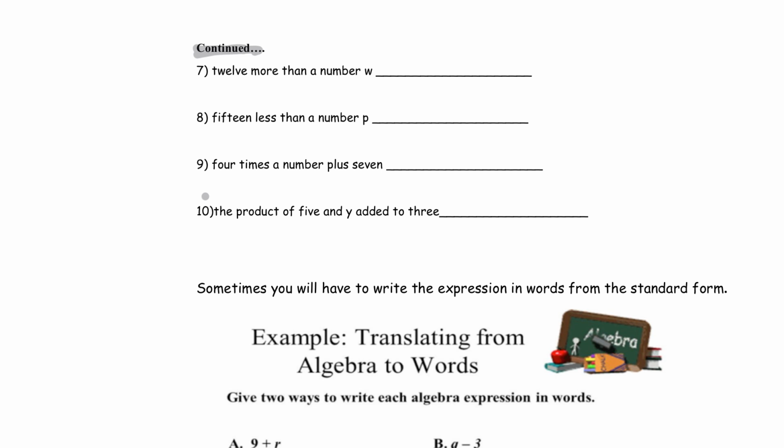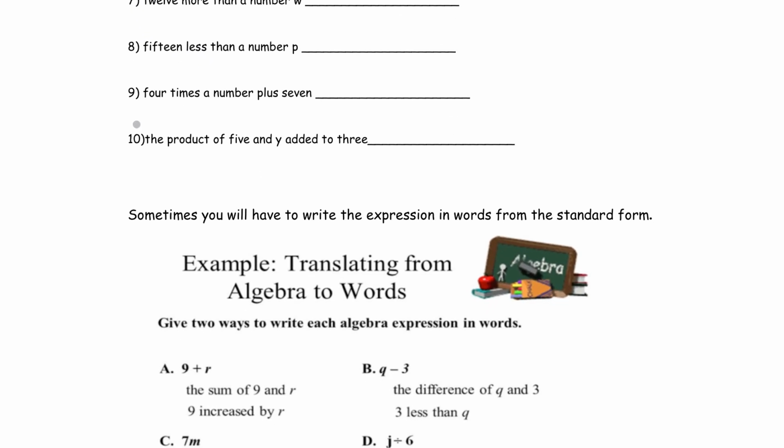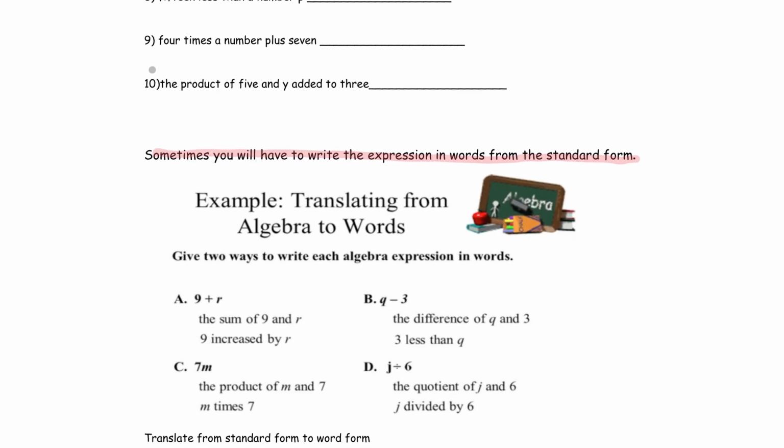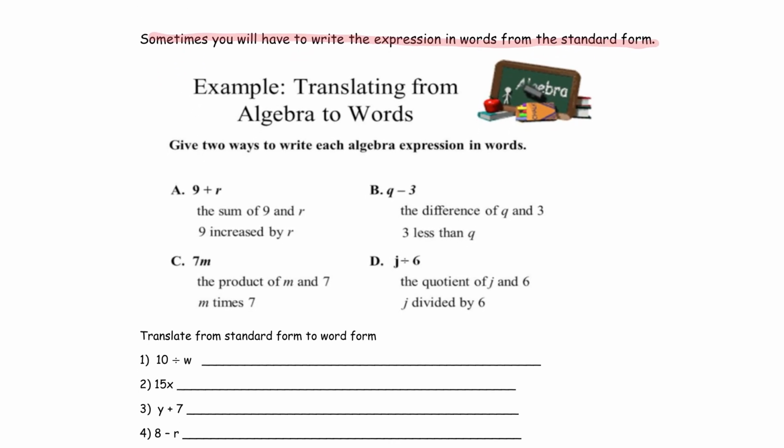You're going to write the expression, and then sometimes you're going to have to write the expression in words from the standard form, and you're going to practice that translating from algebra to word forms. Give 2 ways to write each algebraic expression in words. These are just some examples you can look at. And tonight you're just going to translate from standard form to word form. Just try those couple of problems.